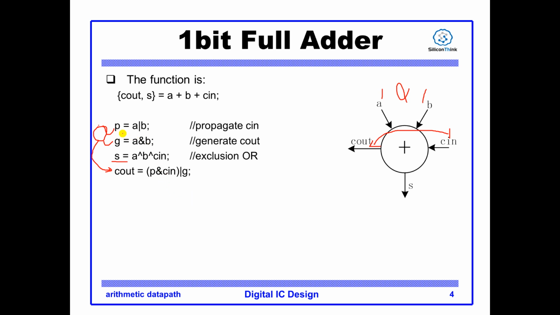So C out may be propagate AND carry in, OR generate. So this is a function, or you can say this is built from gates. You have to use them to build the 1-bit full adder.